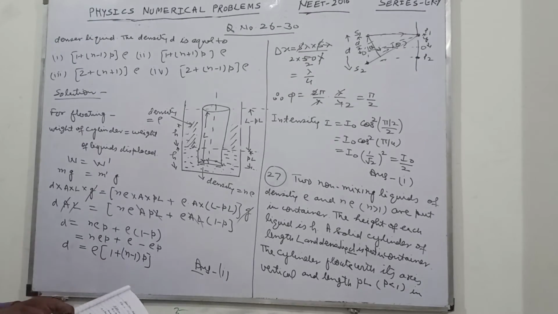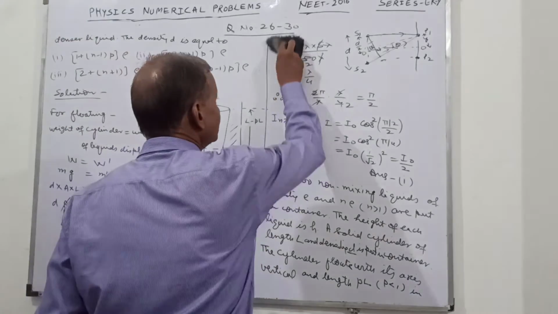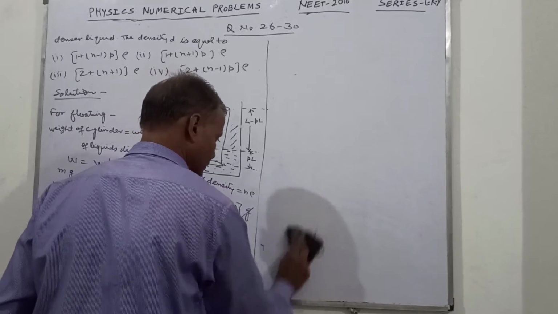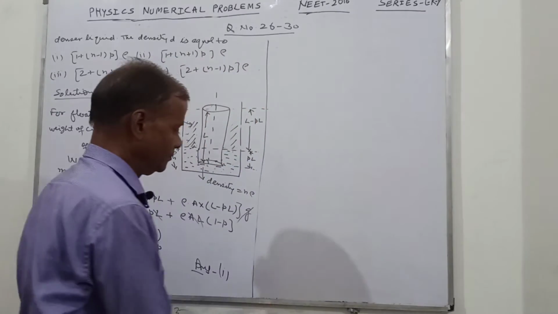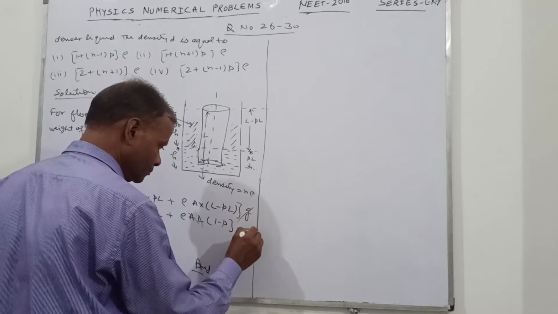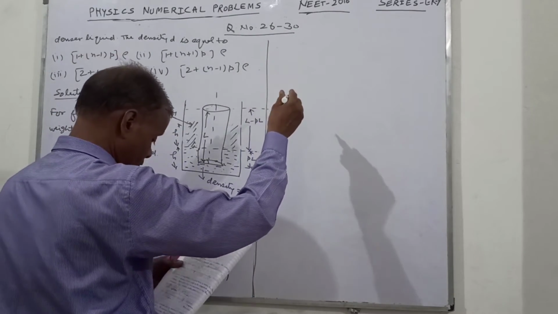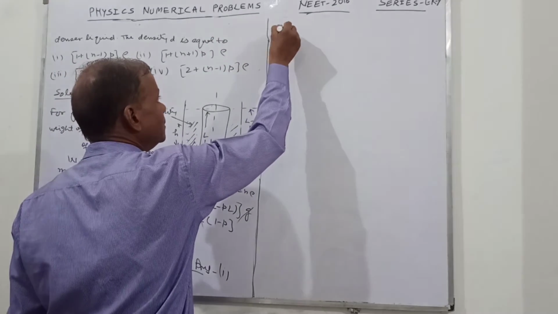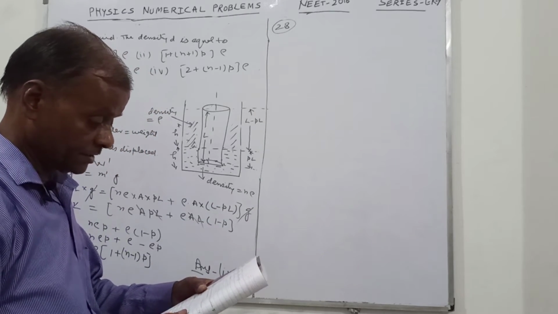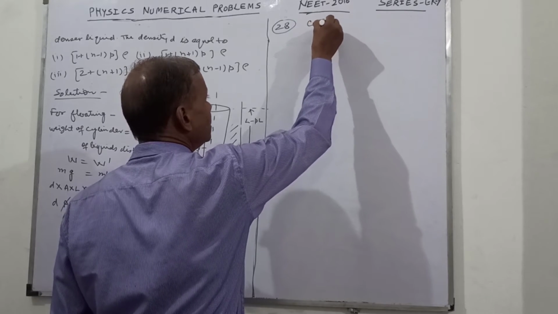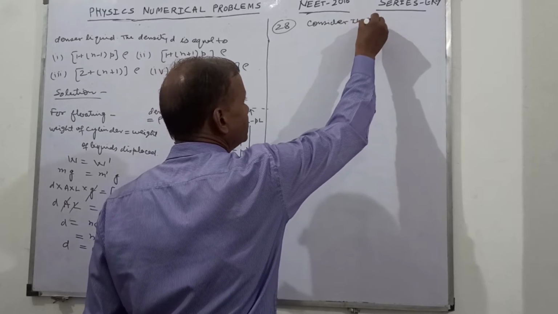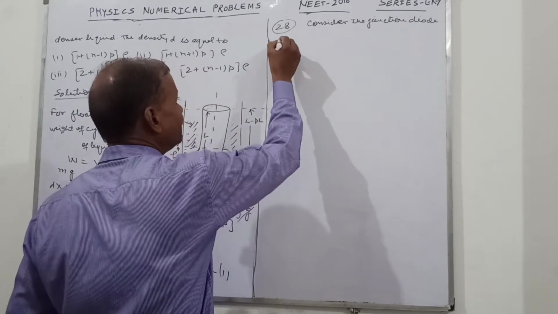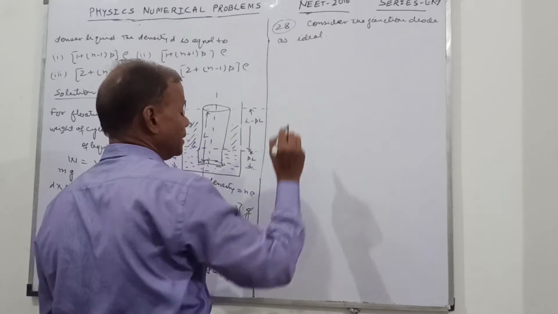Now question number 28. Consider the junction diode as ideal.